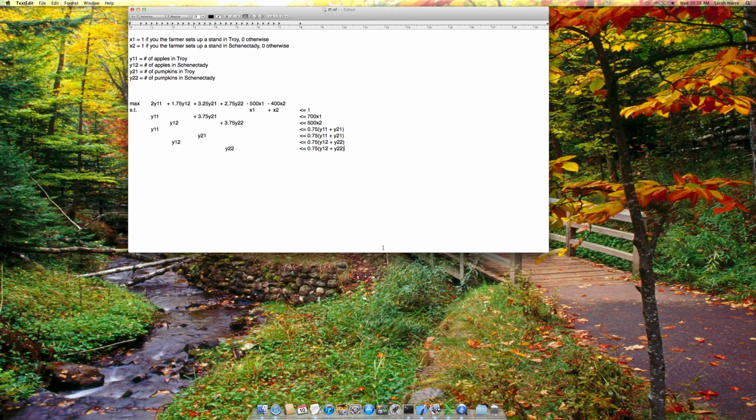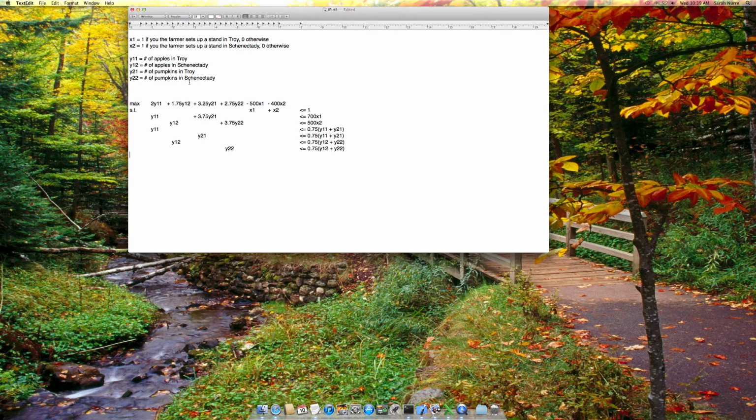Although I need to make sure I do not forget to have types of variables. Here I have x1 and x2, which are going to be binary variables. They're 1 and 0. And also I have 4 variables here, which are going to be integer variables for apples in Troy and apples in Schenectady, similarly for pumpkins.